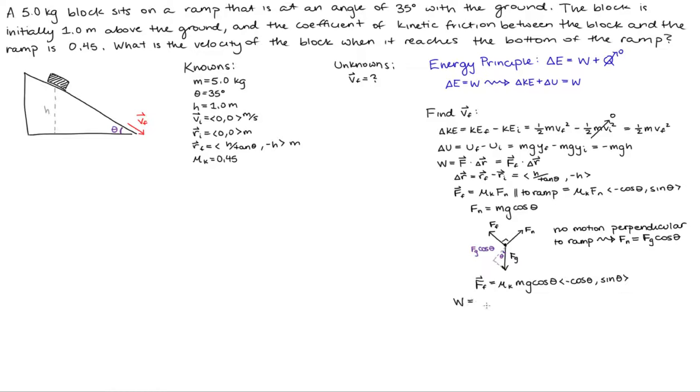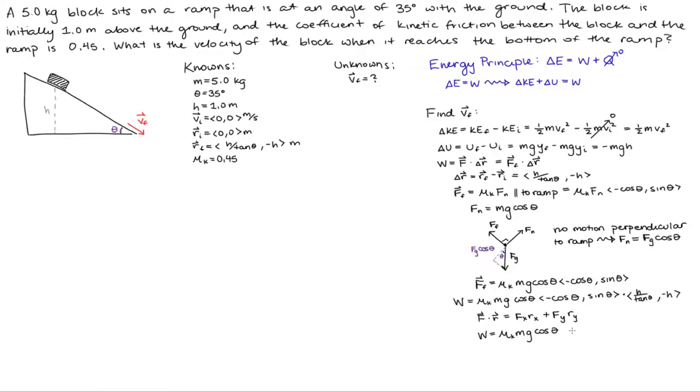Work is then given by mu k mg cos theta times negative cos theta, sine theta, dotted with h over tan theta, negative h. When taking the dot product of two vectors, you sum their component-wise products. In this case, fx times rx plus fy times ry.